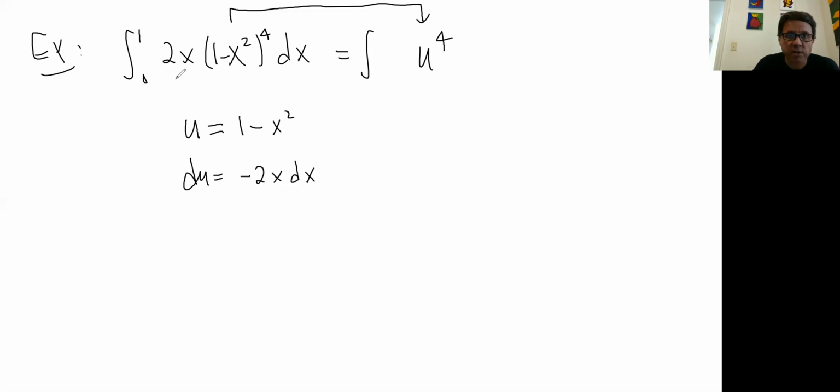But that's good because I've got 2x and I have dx. The only thing is I don't have this minus sign in here. So if I moved it to the other side, minus du would be 2x dx. So this 2x dx together can be converted into minus du, and minus signs can sort of be put wherever I want. Maybe I'll put it there for this one.